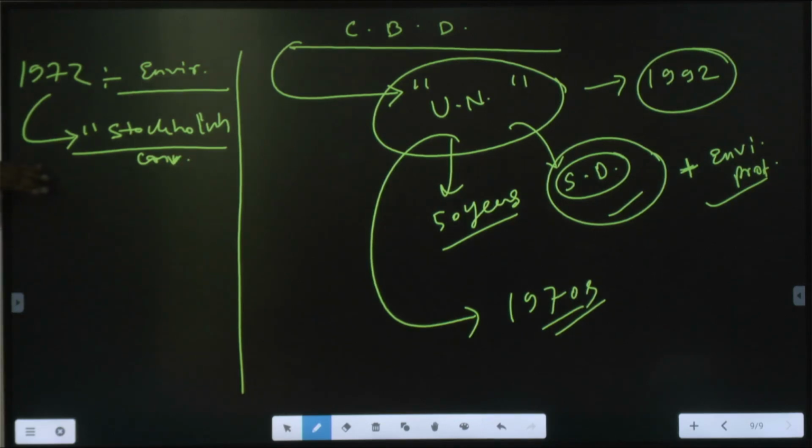It was the effort of United Nations in that convention to invite all countries of the world. They should sit together and try to explore an international, you can say, international level strategy for protection of what? Environment. For protection of environment.